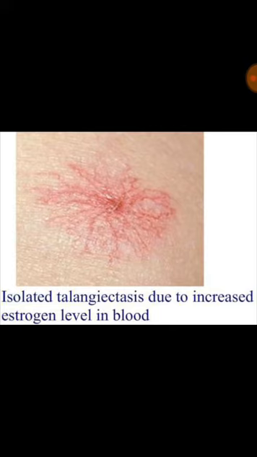This occurs because of decreased estrogen metabolism in the liver, so there is an increase in the concentration of estrogen in circulation. Hence, in pregnancy, spider nevi can be seen normally as there is a physiologically increased estrogen level.